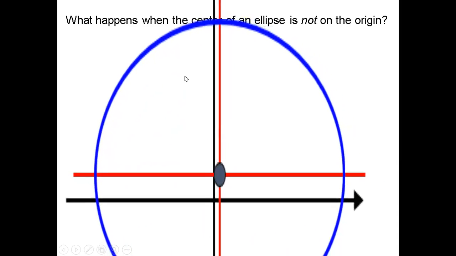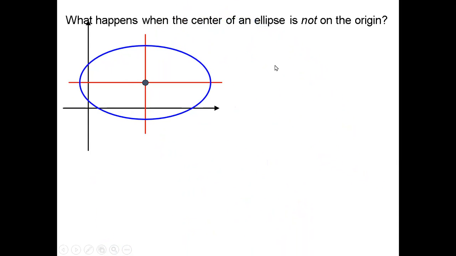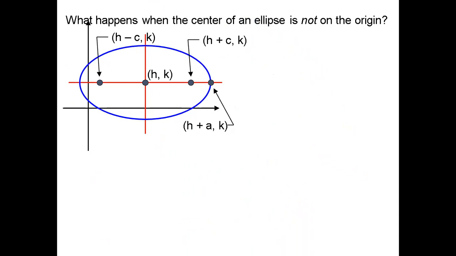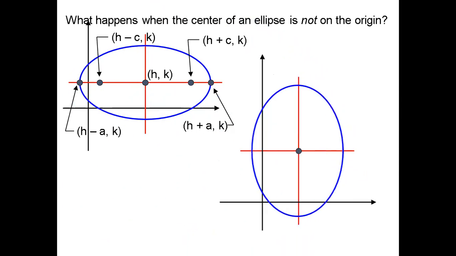Next, what happens when the center of an ellipse is not on the origin? If you're wondering what will happen, it's still very easy because it will look like this. With our center (h, k), our foci (h plus or minus c, k), and our vertices (h plus or minus a, k).